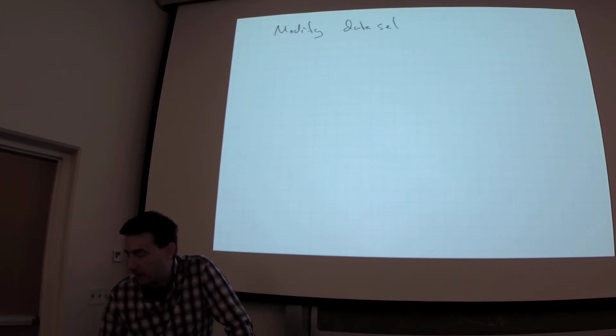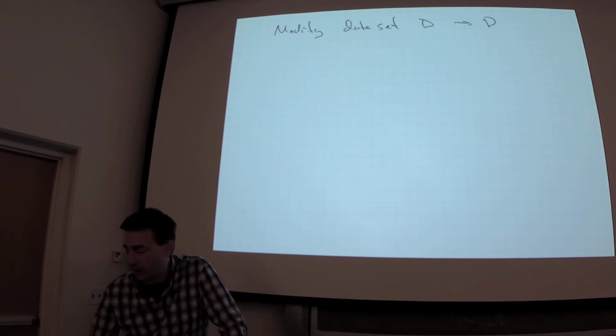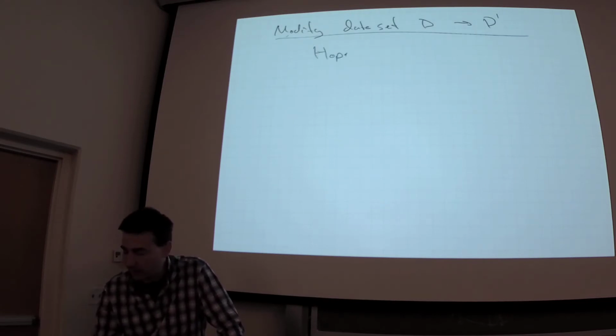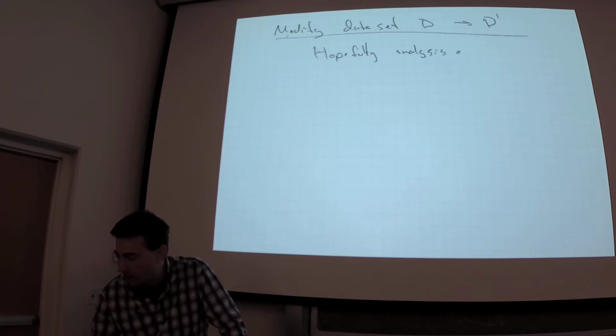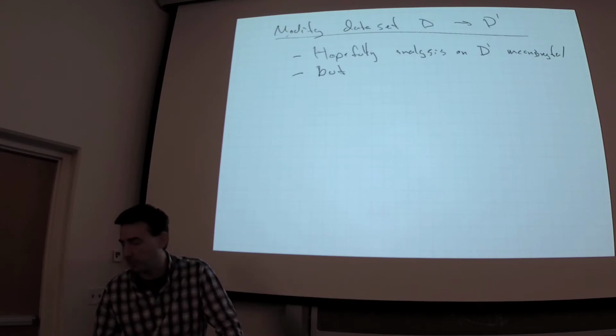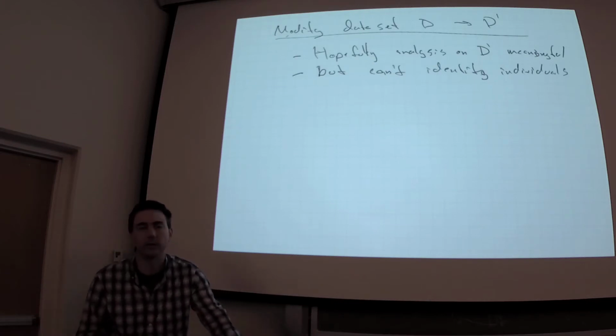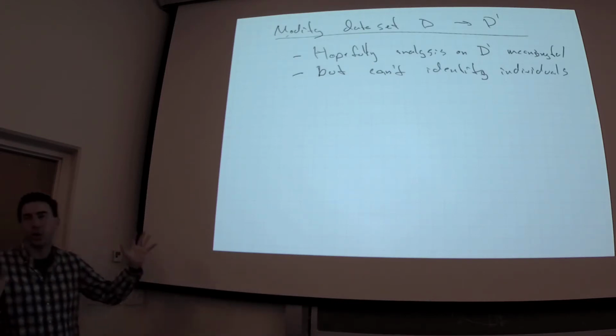And so the idea was to try and modify a data set D to D prime, so that hopefully analysis on D prime is still meaningful, but you can't identify individuals. Okay, so this is the general goal of what we would like to happen.